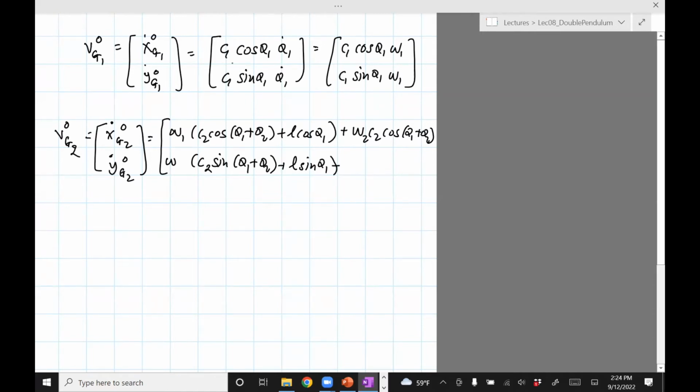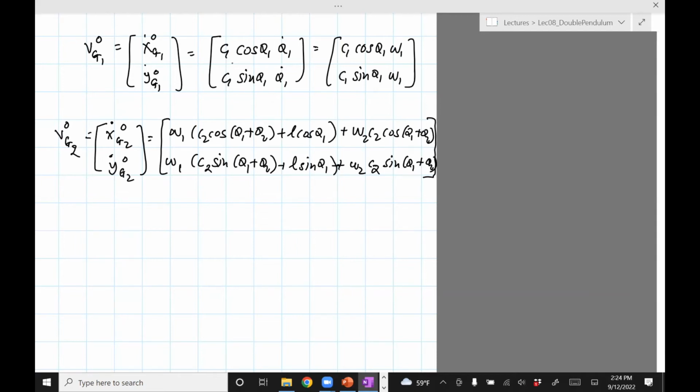I think this should be omega 1 plus omega 2 times C2 sine. I took the pains of deriving that, but you'll see that we'll get that from the symbolic toolbox, so it's a way you can confirm your answers.